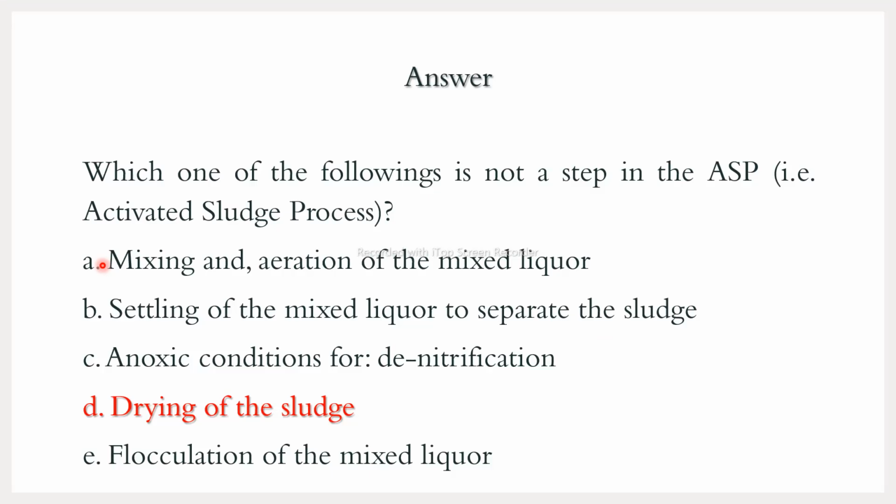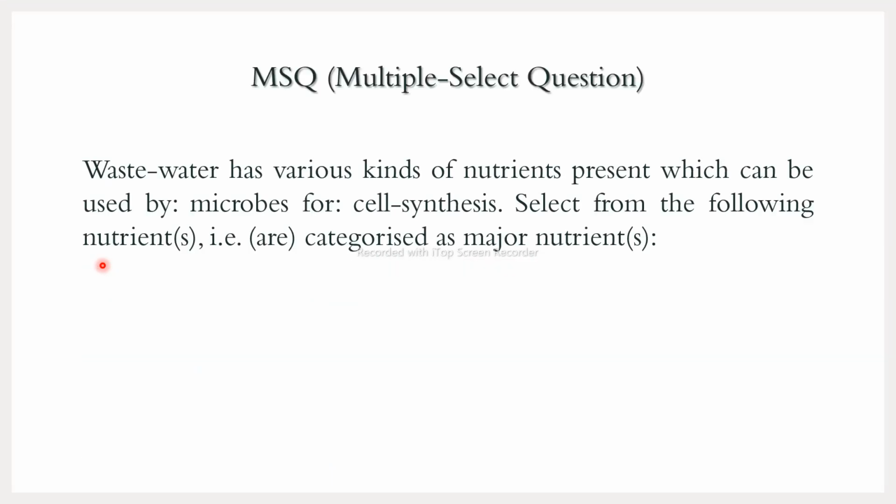So now our next MSQ, that is your multiple select question. More than one option may or may not be correct. Wastewater has various kinds of nutrients present which can be used by microbes for cell synthesis. These nutrients are your BOD. We have been talking about this from the beginning, right?